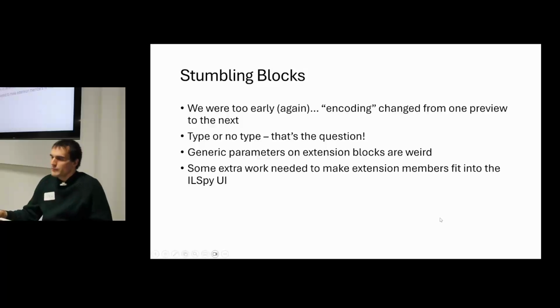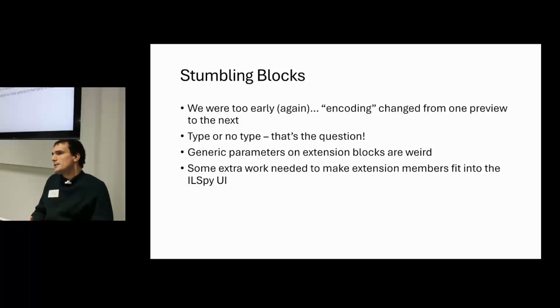And what were the stumbling blocks when we started implementing C# 14 extensions in ILSpy? Of course, like Christoph already told you, we were moving too fast because we were using an older version of the compiler when first looking at extensions.